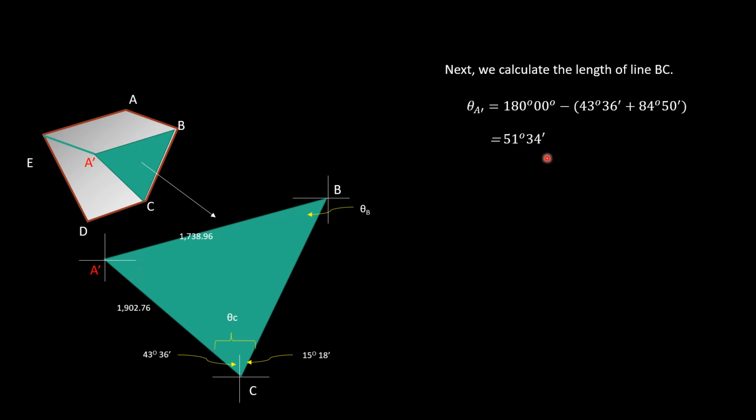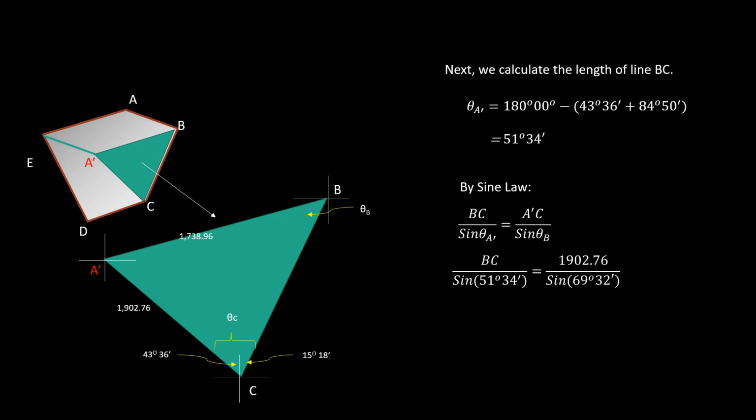That is equal to 51 degrees and 34 minutes. Then by sine law, BC over the sine of the opposite angle theta A prime equals A prime C over the sine of the opposite angle theta B. It will give us the length of BC equal to 1590.32. So that completes our solution.